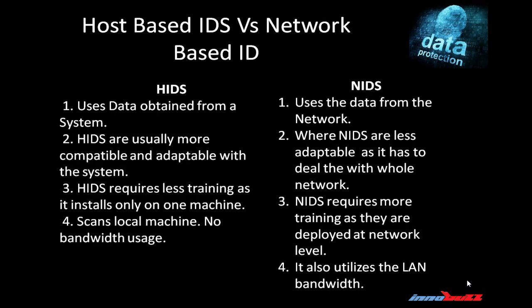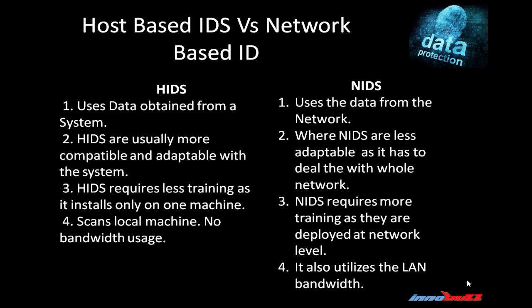So what is the difference between host-based IDS and network-based IDS? HIDS uses data obtained from a system and NIDS uses data obtained from the network. HIDS is usually more compatible and adaptable with the system, whereas NIDS is less adaptable as it has to deal with the entire network.